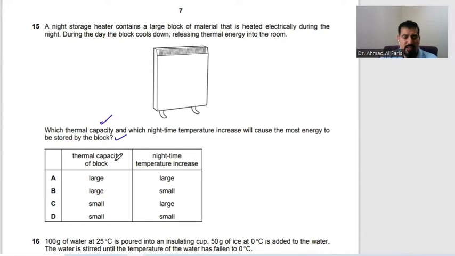The thermal capacity is supposed to be large. Whenever an object has a larger thermal capacity, it will absorb more energy. And the nighttime temperature increase is also supposed to be large. So the answer is A.